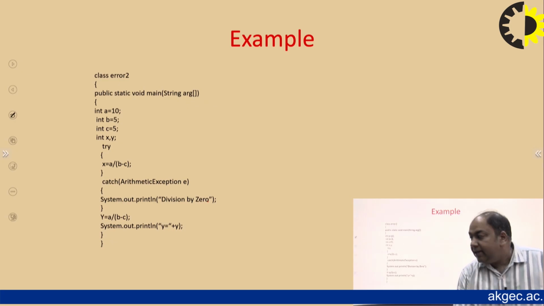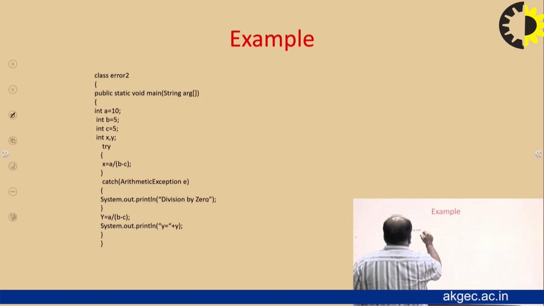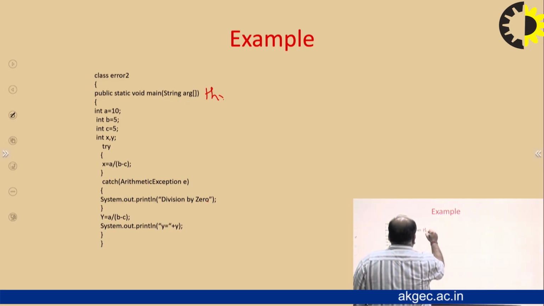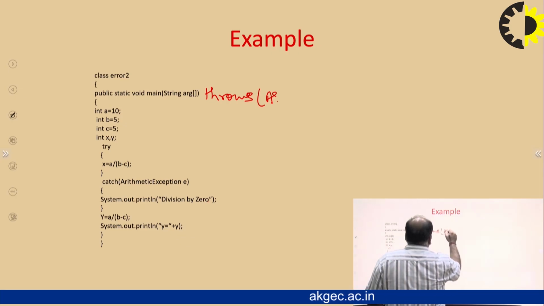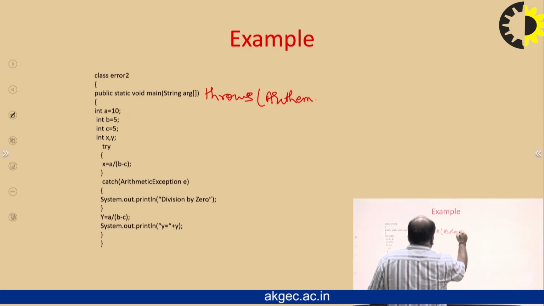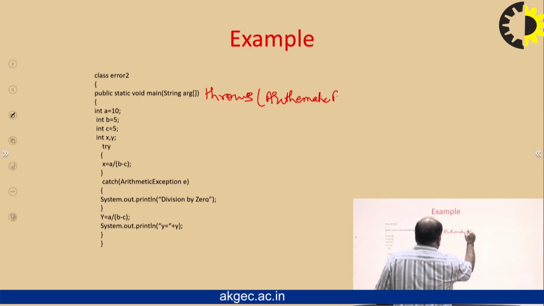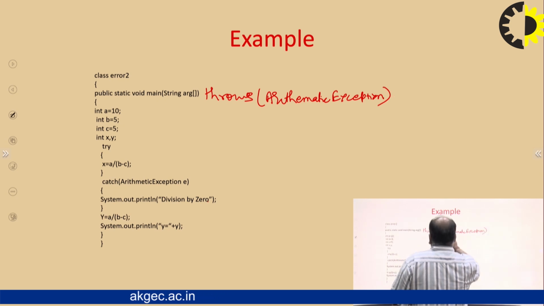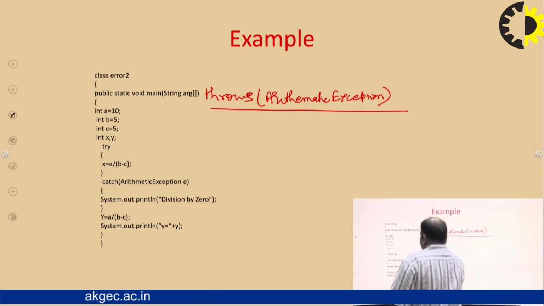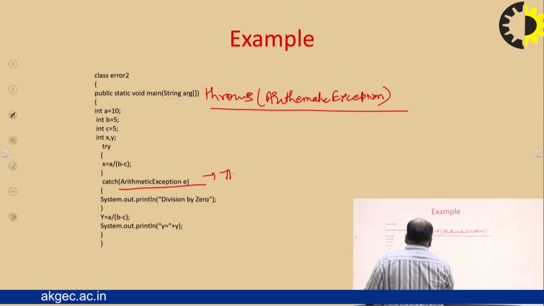So if we write in this program only public static void main throws arithmetic exception, it is the difference between throw and throws. So this statement is throws and this statement represents throw.